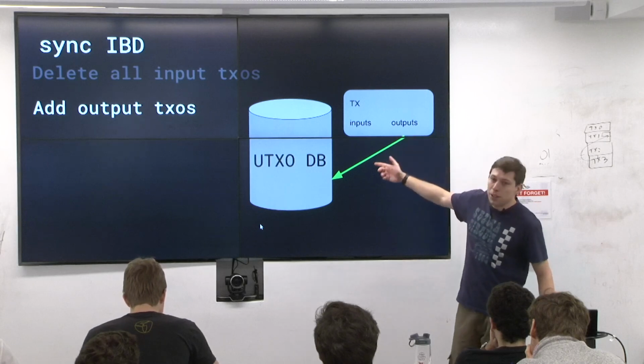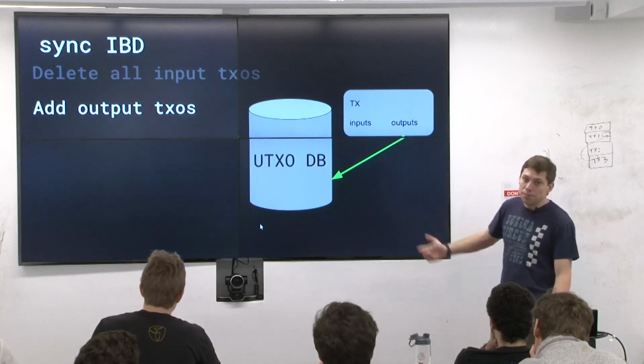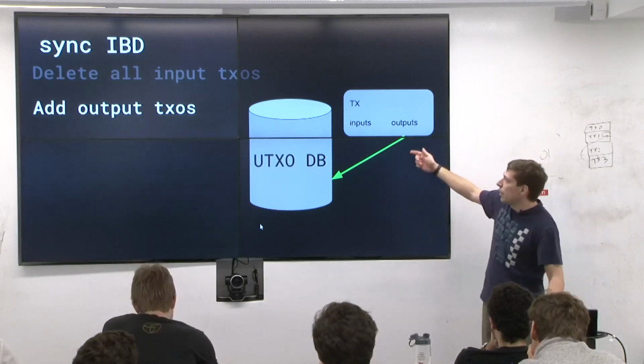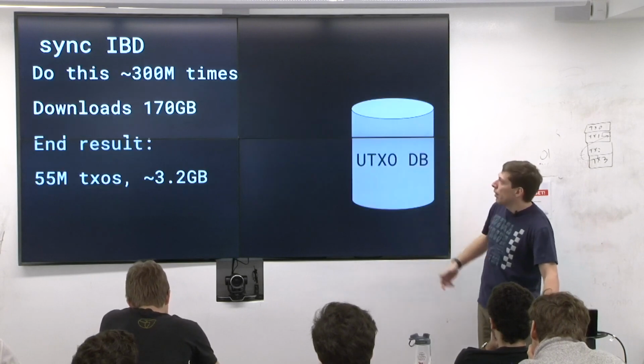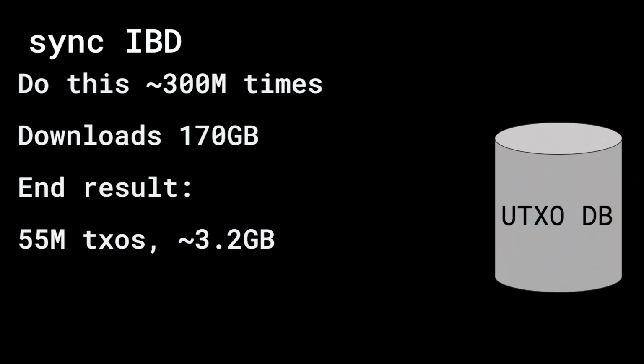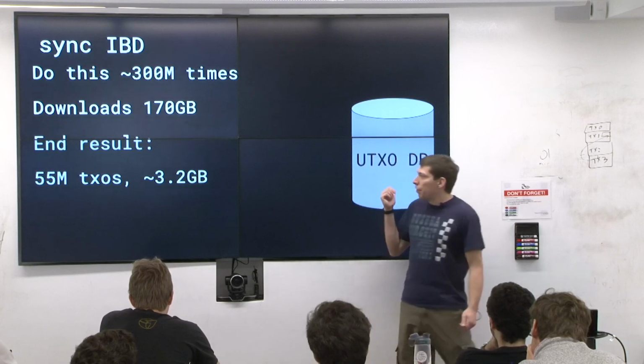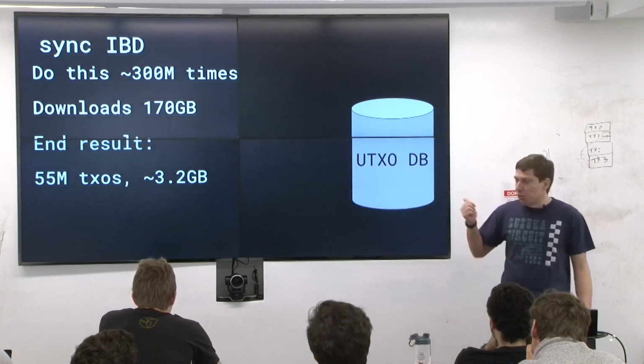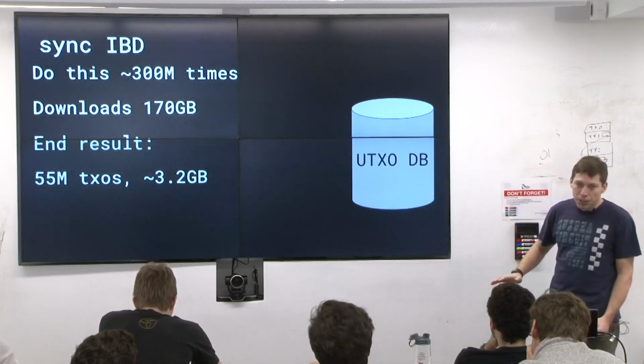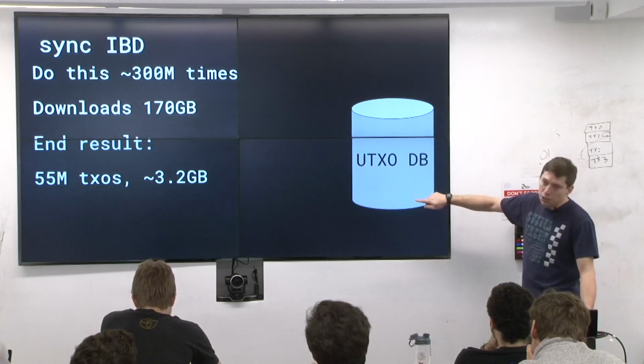There are about 300 million transactions historically. So you're validating signature, deleting input, adding output 300 million times. It ends up being about 170 gigabytes of downloads. And then the end result, when you're done modifying this database, is that you have 55 million transaction outputs remaining, and it's about 3.2 gigabytes of disk use.